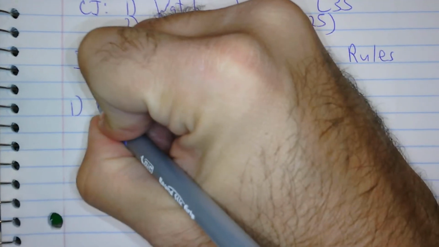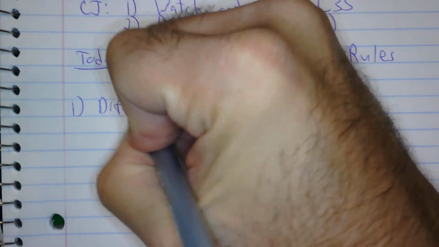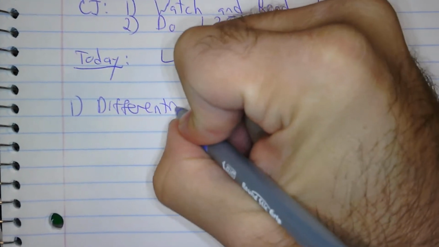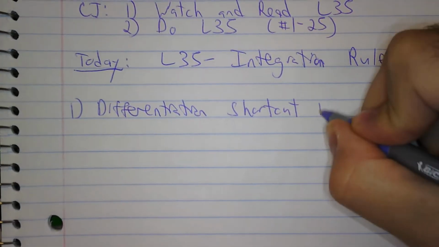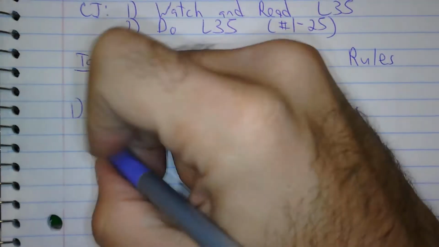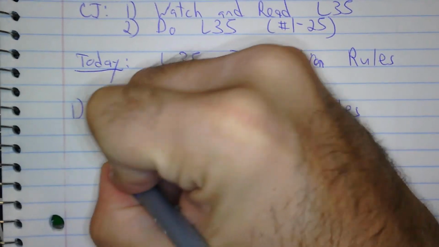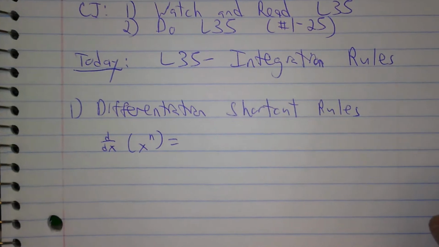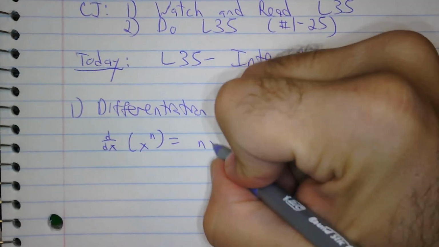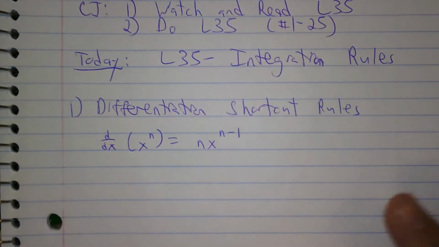Okay, so let's review first. Let's review some of the differentiation shortcut rules. If I say d dx x to the n, what would you write? You'd write nx to the n minus 1, right?